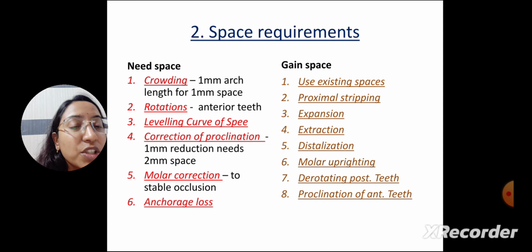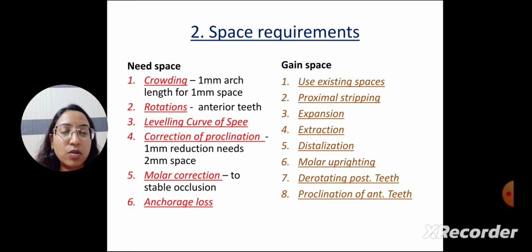So once we know how much space is needed to correct the malocclusion, we have to plan the different techniques to gain space. It could be with the existing spaces that are present, so we can close the spaces and retrocline the teeth. For a minor space requirement like 1 to 3 mm, we can do proximal stripping.